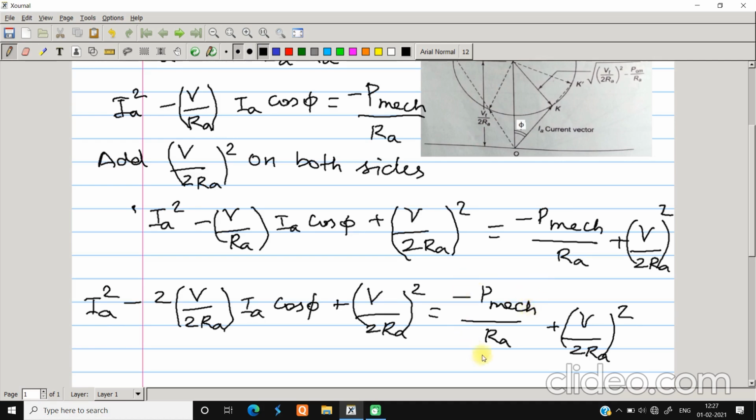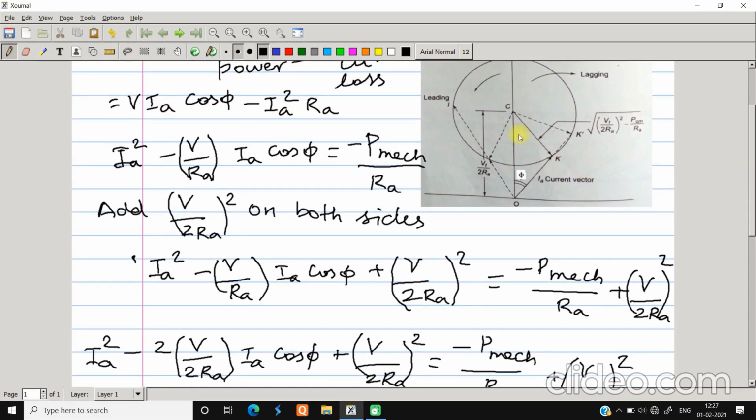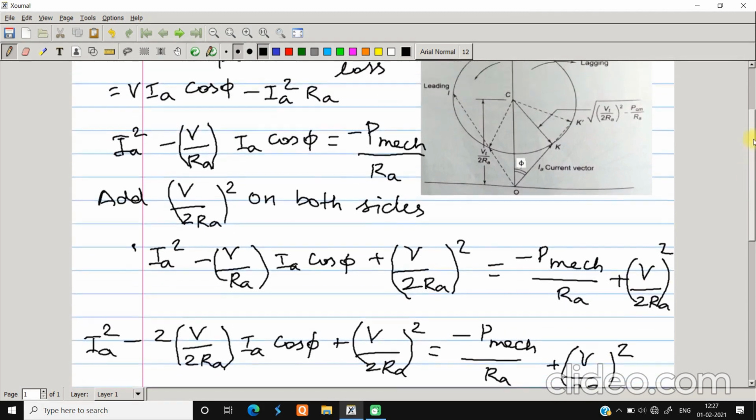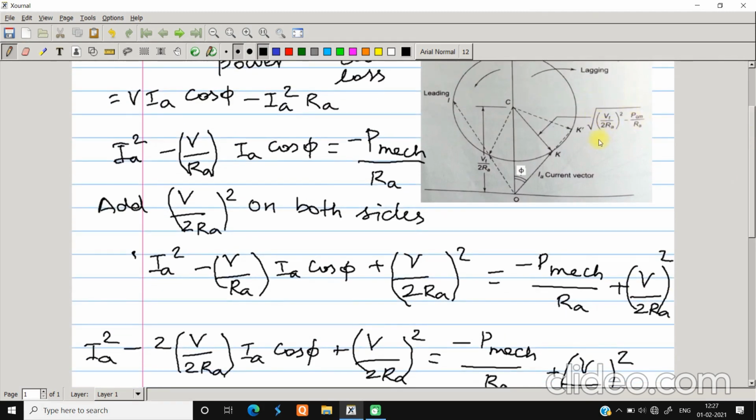So the side of this triangle will be the root of this term, and the resultant term will be root of Vt divided by 2Ra the whole square minus P mechanical divided by Ra. This is the third side, and this current locus will follow this triangle, which develops by making this k into k dash.